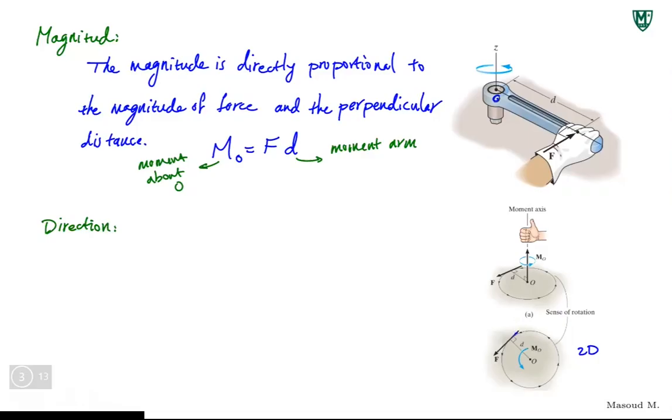So if I have a force F applied in some specific direction, and I want to find the moment created by this force around point O, call it MO, I can use the right-hand rule. Which way? In a way that my four fingers are along the force, pointing in the same direction as the force.